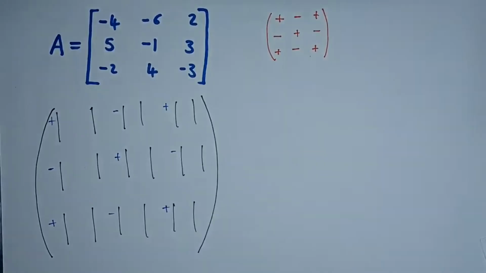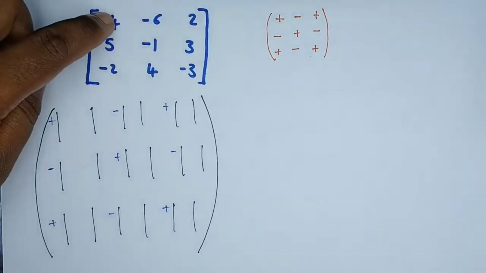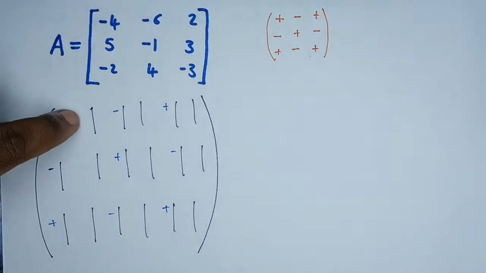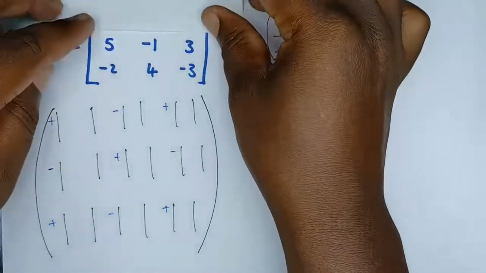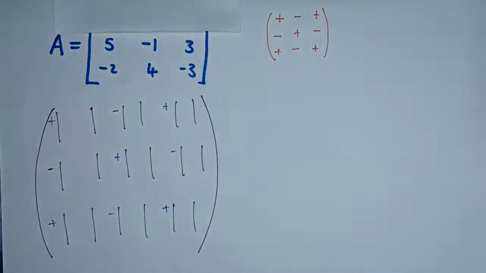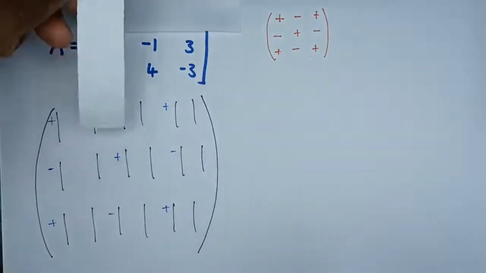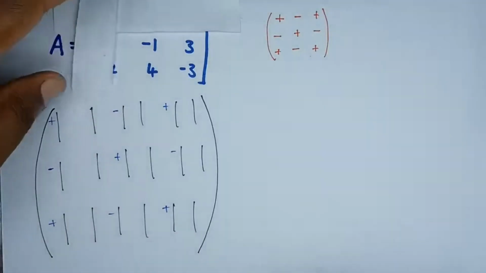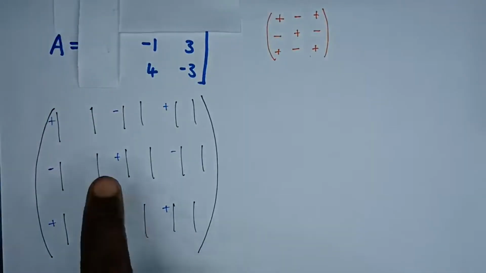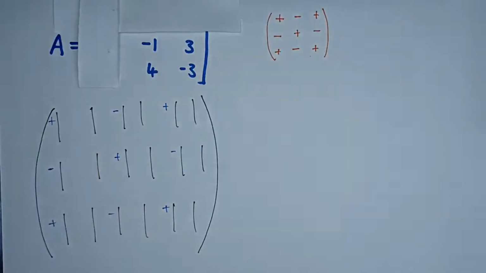So now we want to start filling in these 2 by 2 matrices with values from matrix A. To start with, we'll start with this 4 here at this position. Everything in the row for 4 should be hidden, and everything in the column for 4 should be hidden. So the remaining 2 by 2 matrix is what should be put in the position for 4.